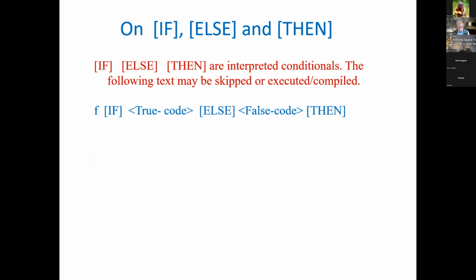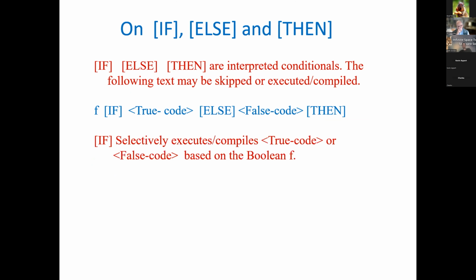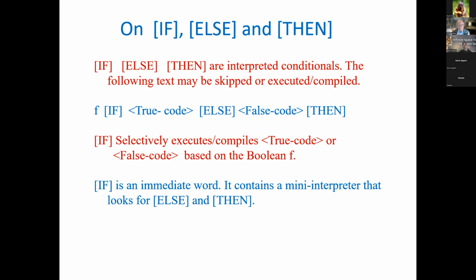However, this operates in the interpreted fashion. So we see the selected execution of the true part or the false part based on the Boolean flag. And the cleverness in this is that bracket IF is an immediate word, and it contains its own little mini interpreter. It actually escapes momentarily the Forth outer interpreter, and it does 2 things.